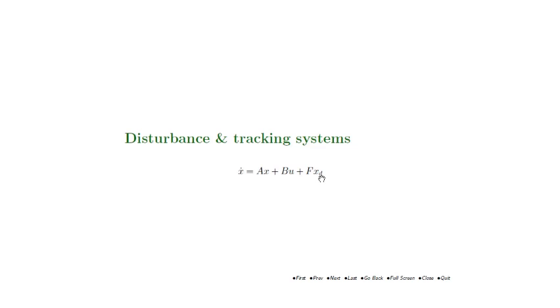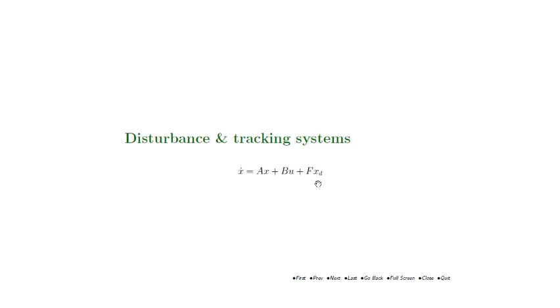He actually made the point at the time that you can think of X sub D also as an input to the system, but it's an input that you don't have control over. It's an input coming from some other disturbance. And so you can have a single disturbance. In that case, the F matrix will be a column vector having the same number of rows as the A matrix.